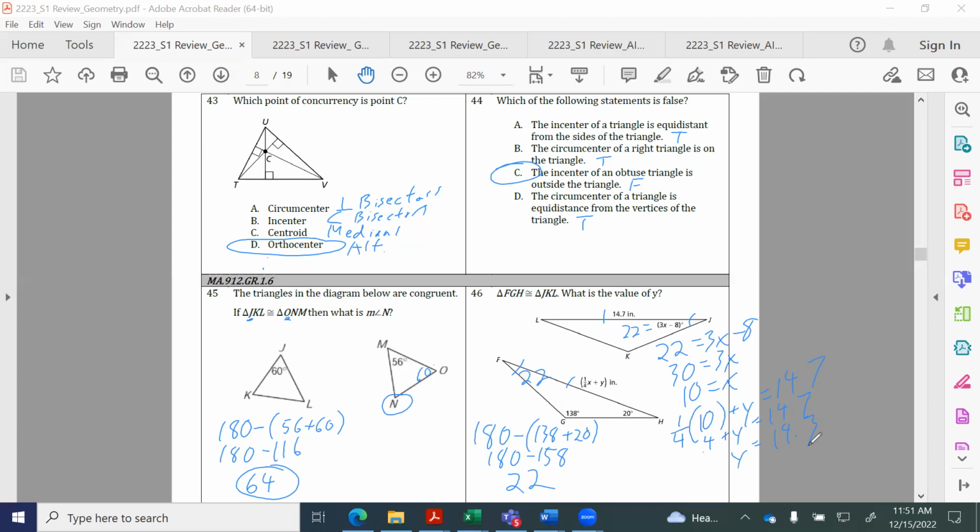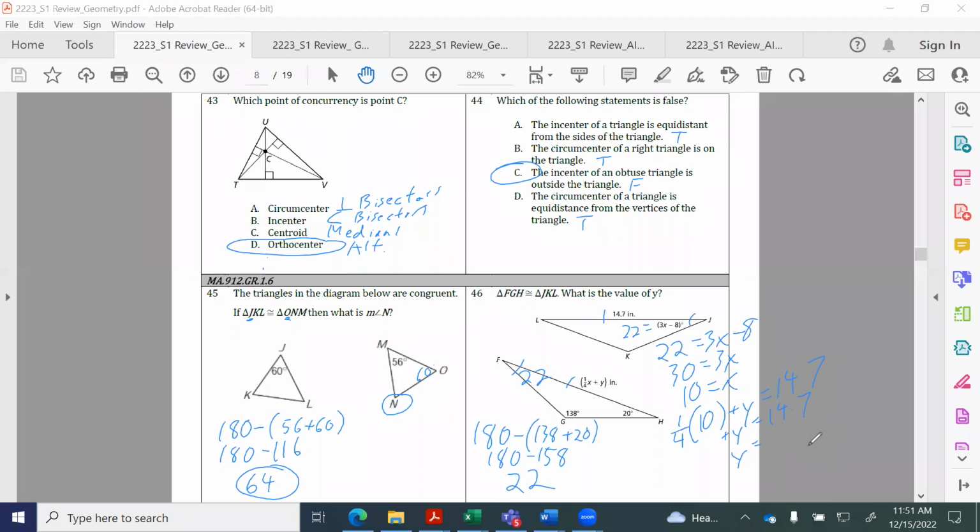That's not right. 0.4 is not right. See, this is hard. Let me try that again. 10 divided by 4 should be 2.5.